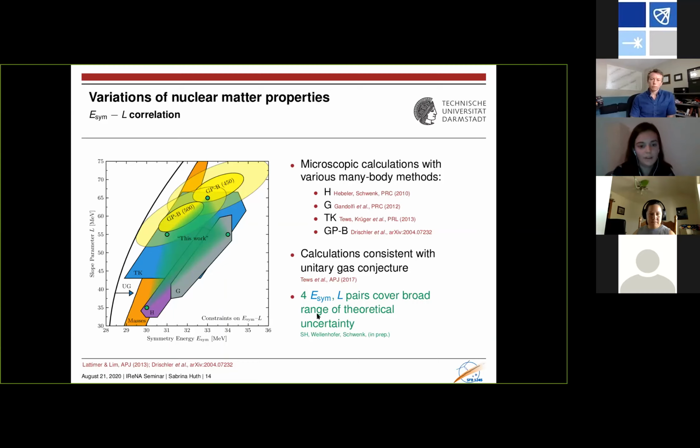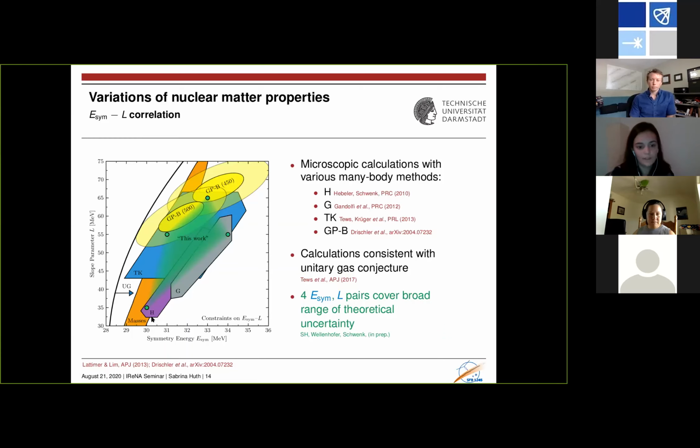basically the same plot, but with, let's say, less information. So in order not to overload everything, we basically show here the microscopic calculations, and we have, as an example, also an additional constraint on the symmetry energy slope correlation from experiment, here from nuclear mass measurements.